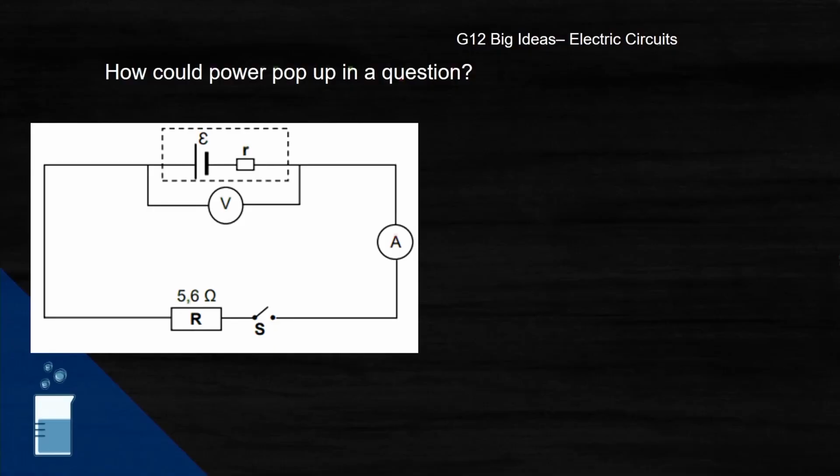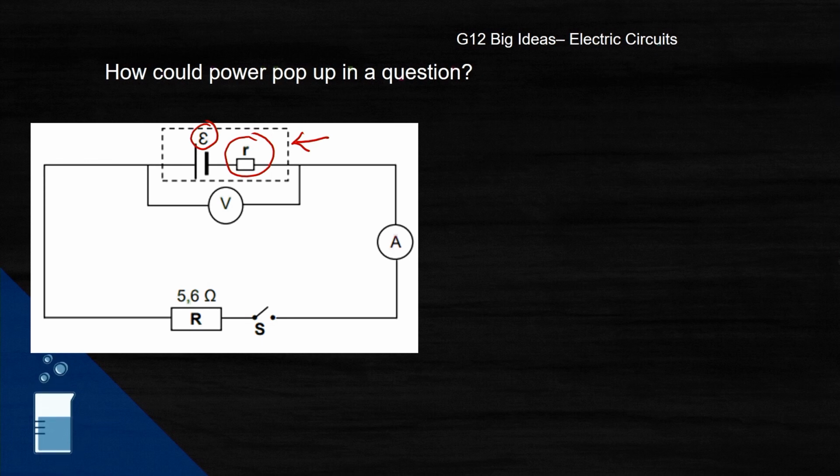You can see that the battery or the cell is represented here. It has an internal resistance. It also has a value E, the EMF. That's telling you about the maximum amount of energy converted or transferred, supplied to a coulomb of charge.